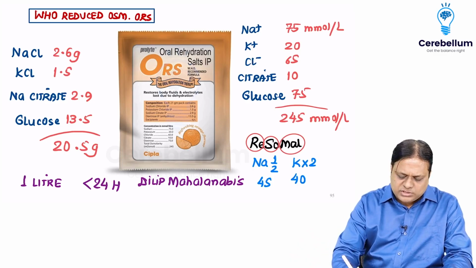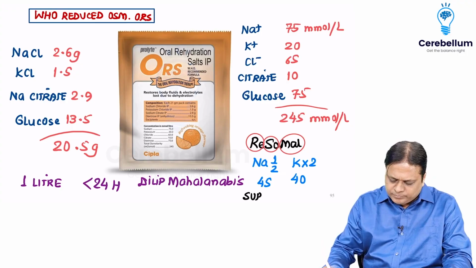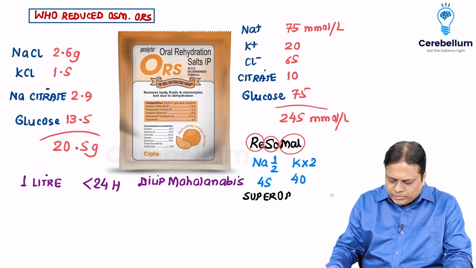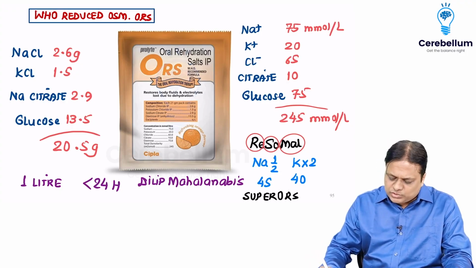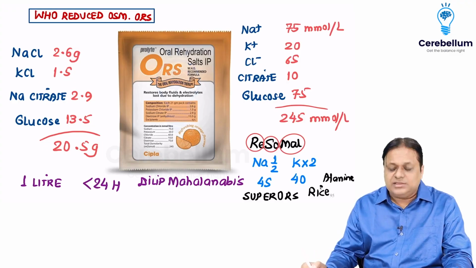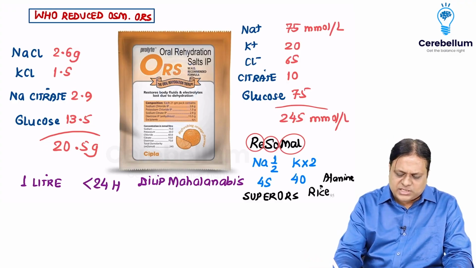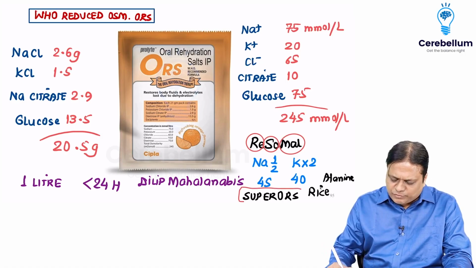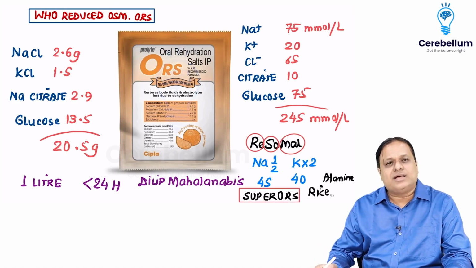Also we use super ORS, where instead of glucose we use rice or alanine based sugar in the ORS. So these are different types of ORS which are asked in our examinations.